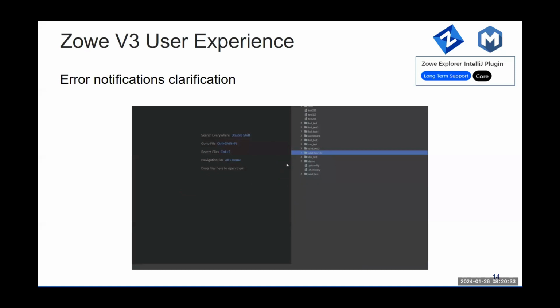So with version 2, we will introduce a notification with an explanation of the error cause. It will go like the title of the error, then a small piece of information about the error, and later it will be possible to click a More button to see the dialog window with all the diagnostic information about the error.